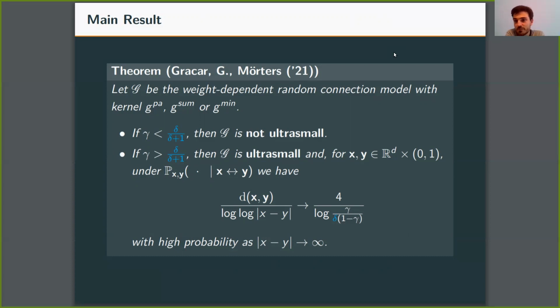But why is this the case? Well, we have already seen in the non-spatial case that for the preferential attachment kernel, we do need a connector to connect two powerful vertices. But now, two powerful vertices are typically very far away from each other, and so the connector has to span very long edges to the two powerful vertices. And the existence of such edges is controlled by delta, and this strategy only works if gamma is larger than delta over delta plus 1.